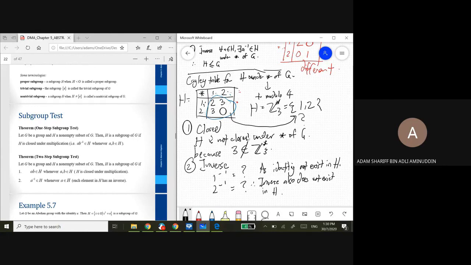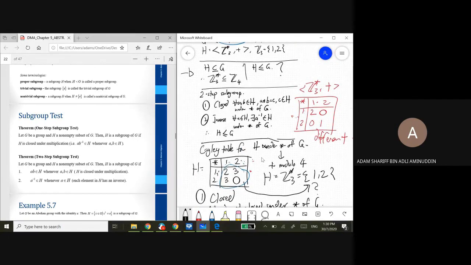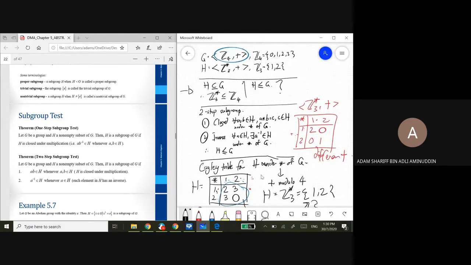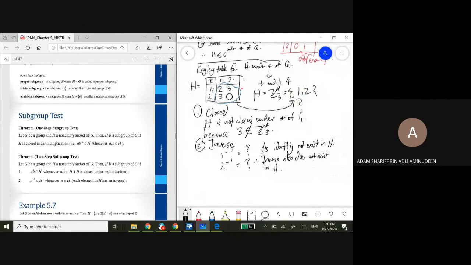Okay. As for this question, for the case of whether Z3 star is a subgroup of Z4 under addition, H is not a subgroup of G because it fails at both conditions dictated by two-step subgroup test.